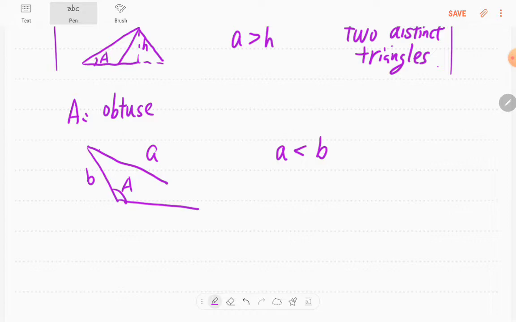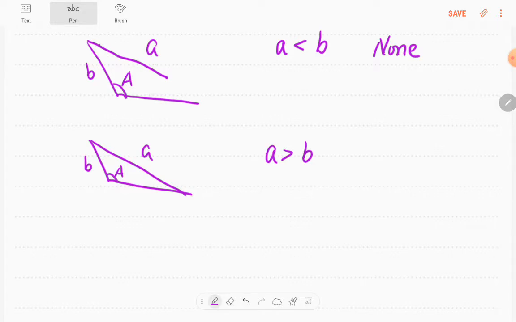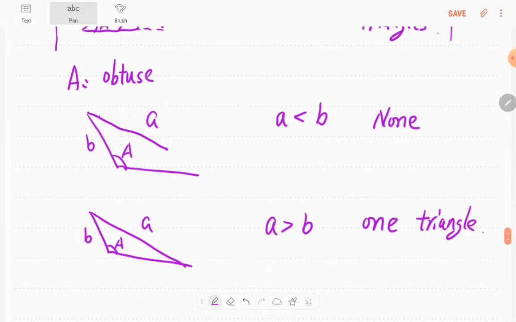So if A is less than one side, then there is no triangle. If A is greater than one side, then there is only one triangle. So these are the reasons we may have these three situations.